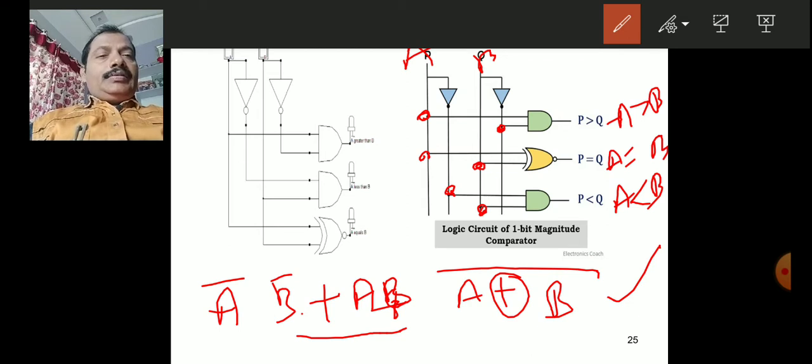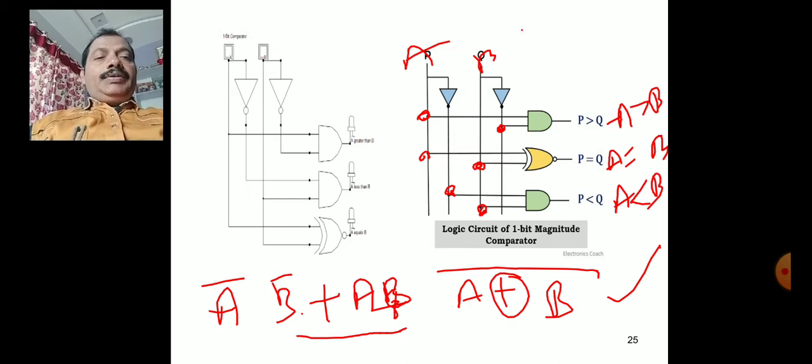So this is the implementation of 1-bit comparator. And you can draw like this also, no problem.